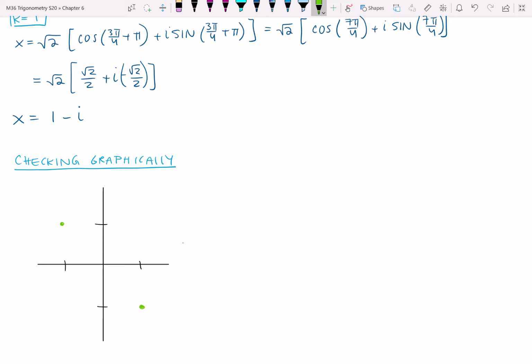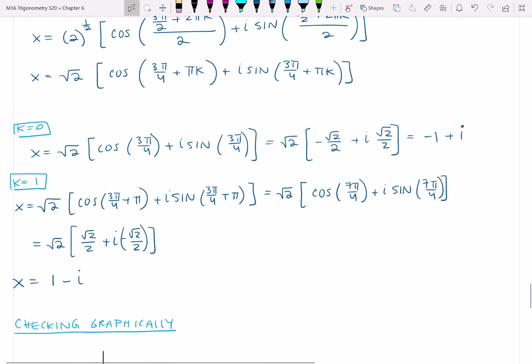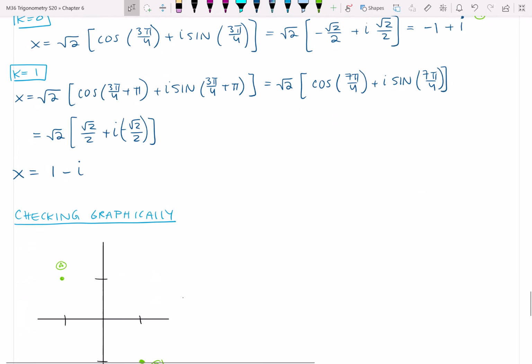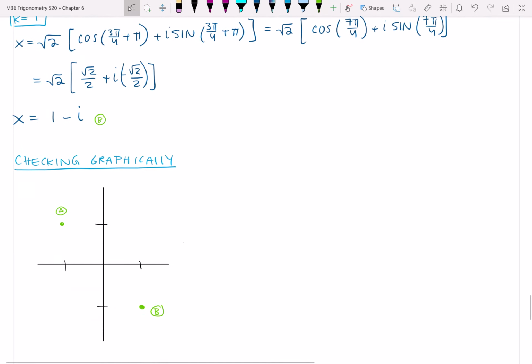This would be A, this would be B. You don't have to do this on your homework or anything, but I do want you to be aware that you can check your answers graphically. And so let me just write it out.